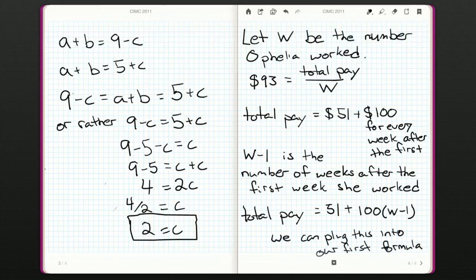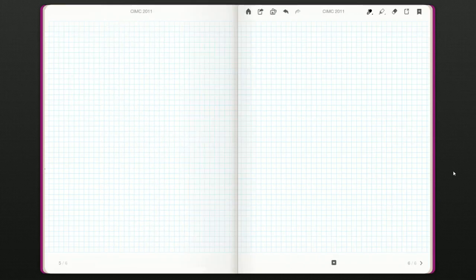So we can plug this expression of total pay back into our first formula up here, the one equating $93 as the average pay she got per week. Okay.